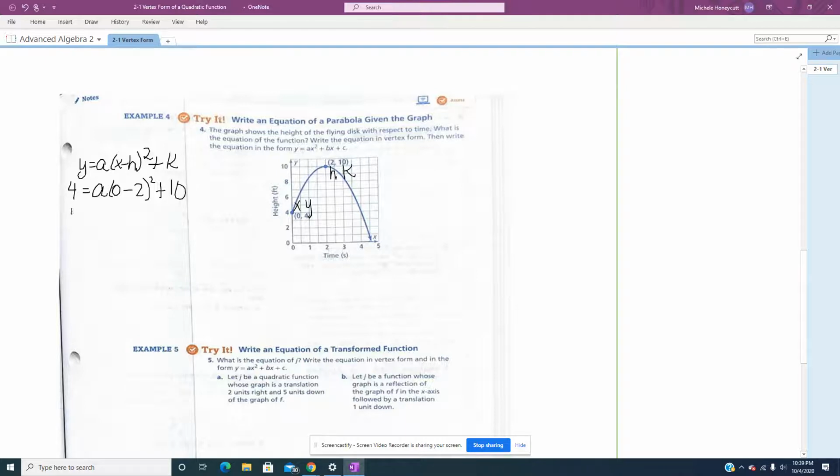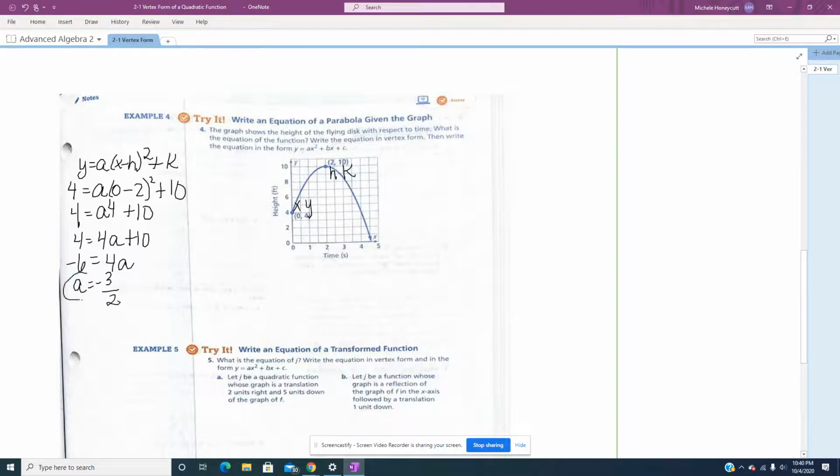Simplify everything I have. 4 equals a, negative 2 squared is 4, so a times 4 plus 10, but I really don't like the way that looks. 4 equals 4a plus 10. Then I could subtract 10 on both sides. 4 minus 10 is negative 6 equals 4a. Divide both sides by 4, and I get that a equals negative 3 over 2.